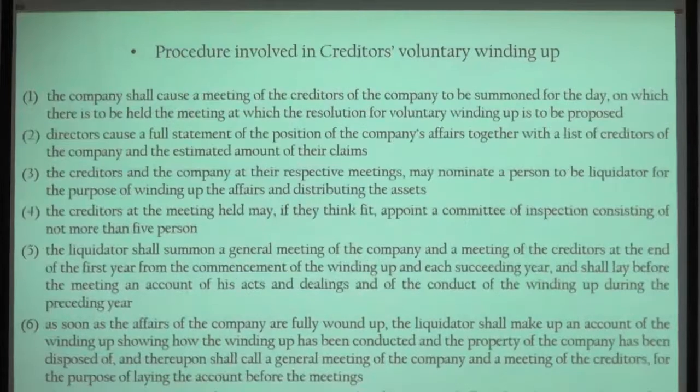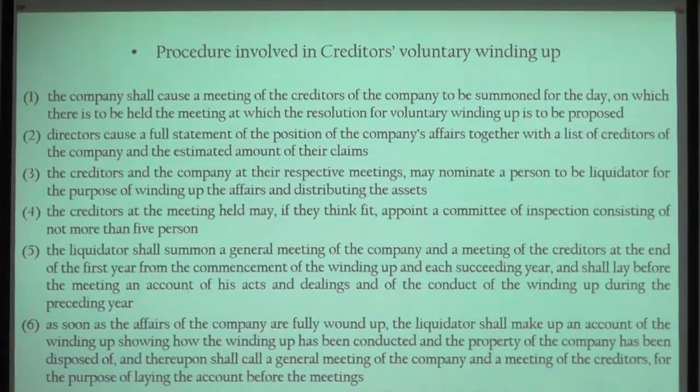So, let us now look at the other side of a voluntary winding up. That is the procedure involved in the creditors' voluntary winding up. In that situation, the company shall cause a meeting of the creditors of the company to be summoned for the day on which there is to be held a meeting at which the resolution for voluntary winding up is to be proposed.